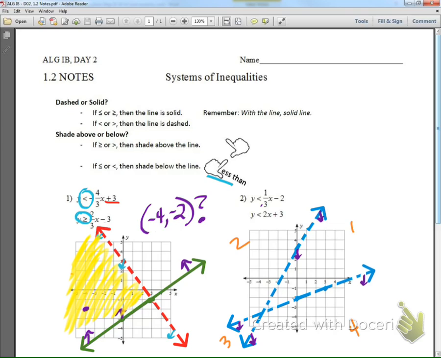Now let's examine each section. In section 1, I have this guide arrow here on this line and this guide arrow here on this line. Are they pointing towards one another? No. So you would not shade section 1.